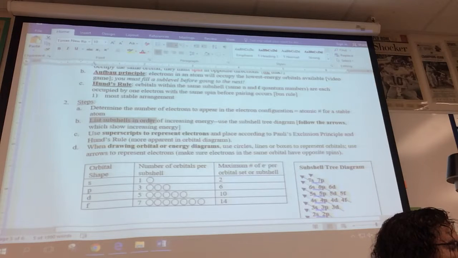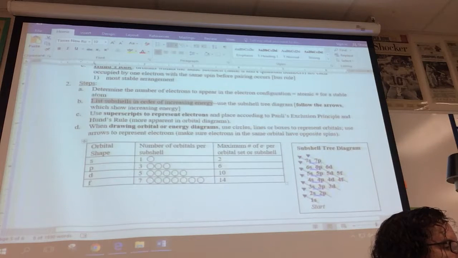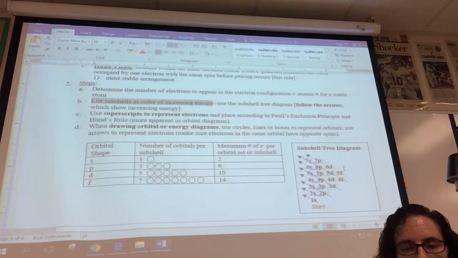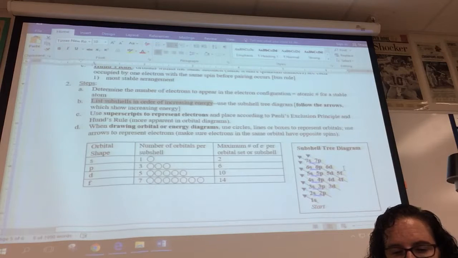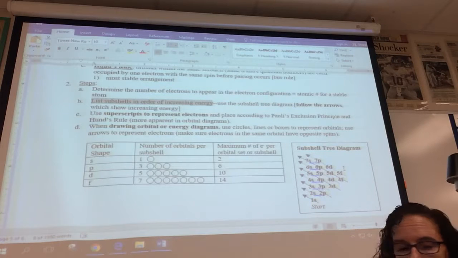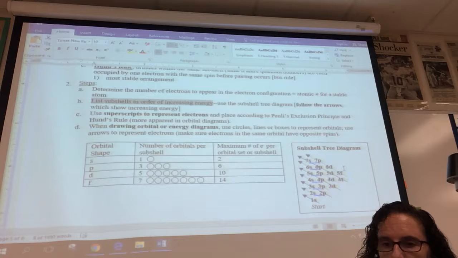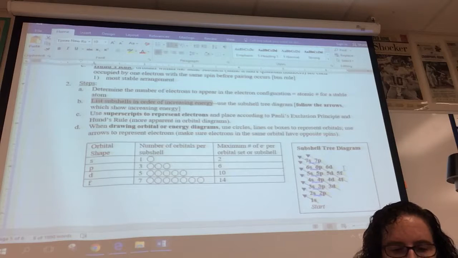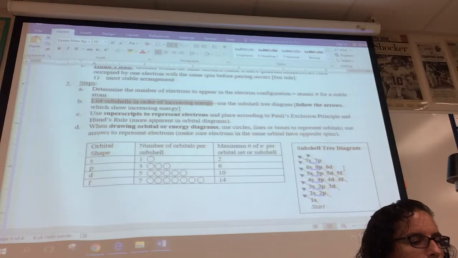You list subshells in increasing order of energy. You can use the subshell tree diagram shown right here. Now this diagram is provided to you on the back of your periodic table. Unfortunately, not all the arrows came out clearly, so you may want to write them in.